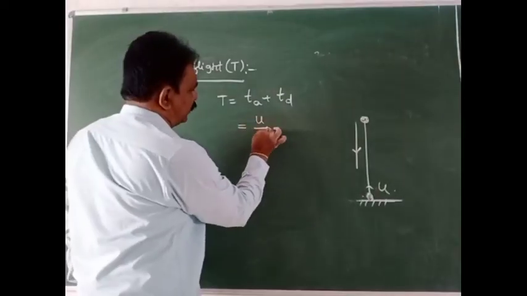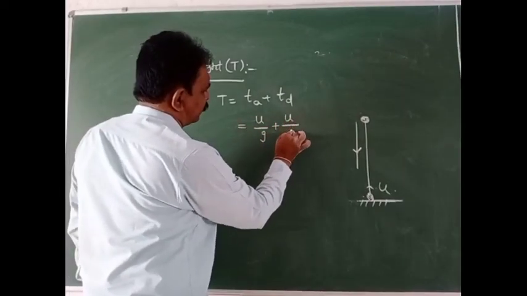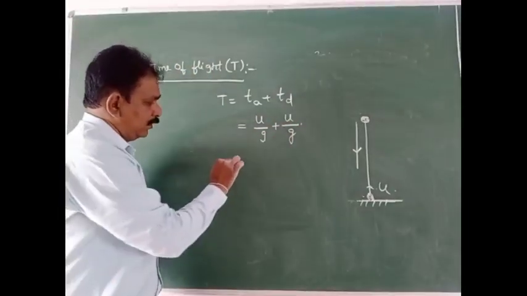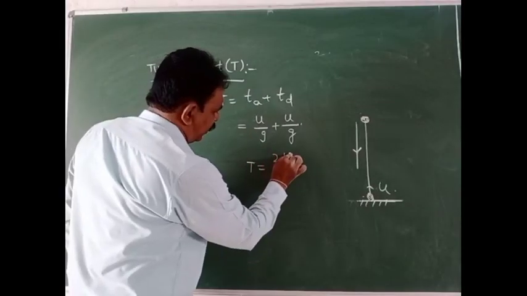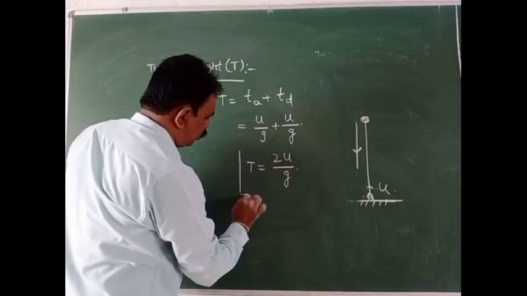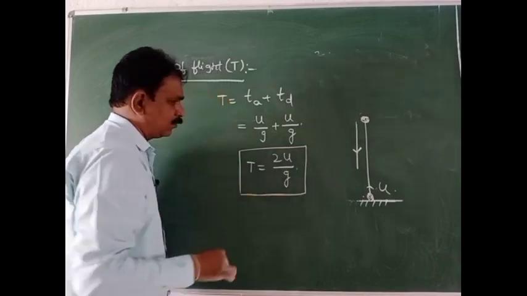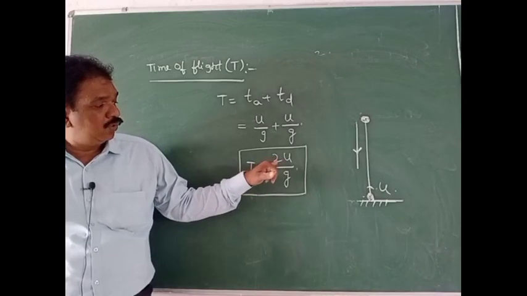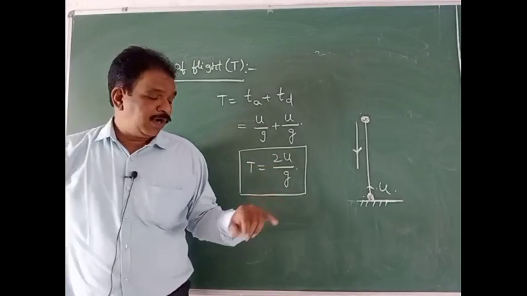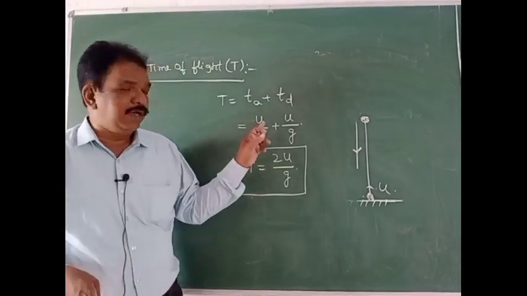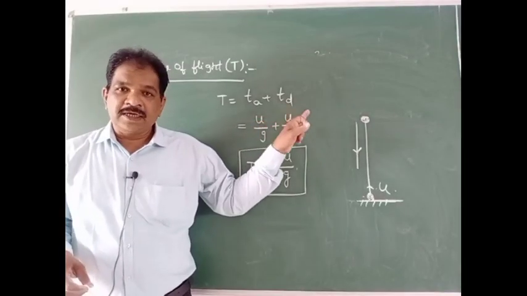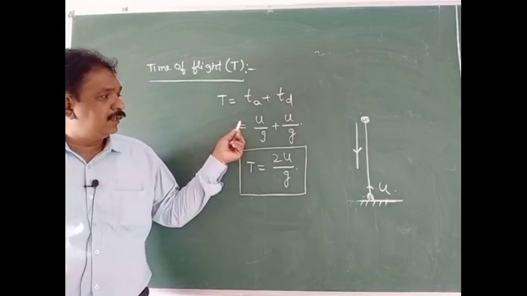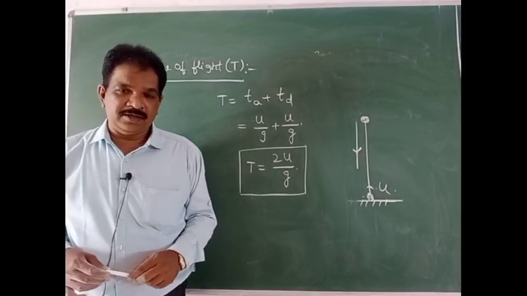Time of ascent value u by g, time of descent value u by g, then time of flight value will be 2u by g. So expression for time of flight will be 2u by g. How will we define this time of flight? Sum of time of ascent and time of descent is called time of flight. Okay.